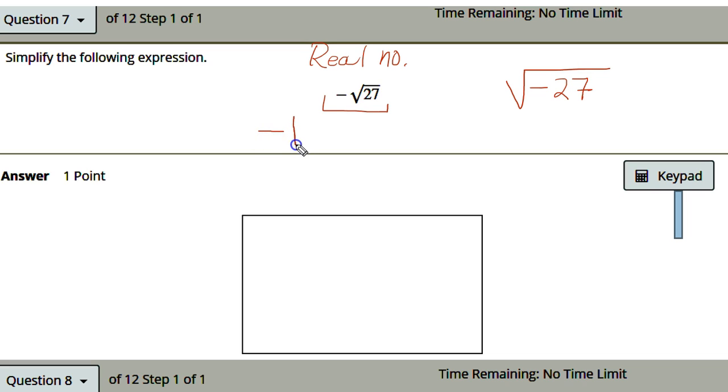We can think of that as a negative 1 out here. And then we're going to divide the square root of 27 into 2 parts, where we look for the largest perfect square factor of 27, which we did already, which we know is 9. And the square root of 9 is 3, so this will become a negative 3, the square root of 3.